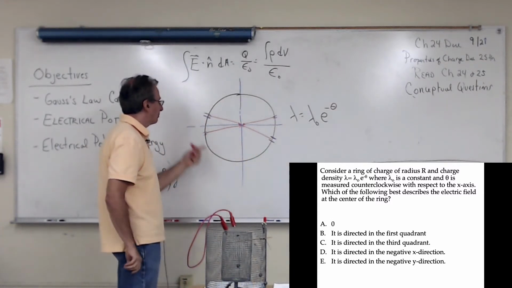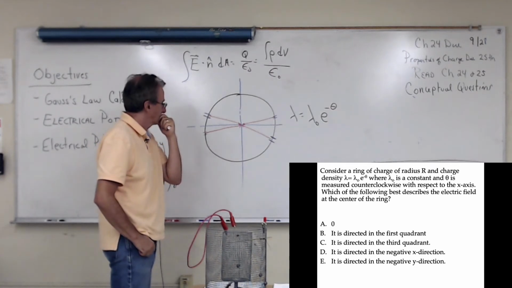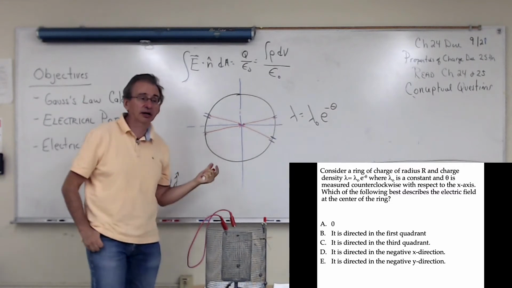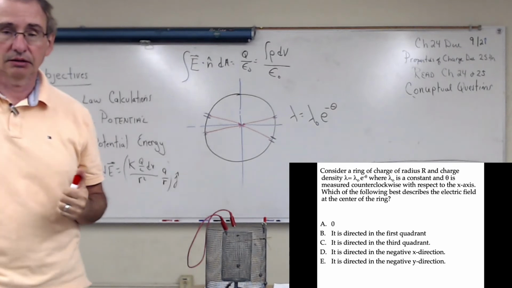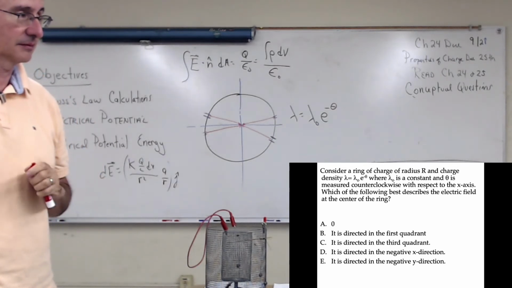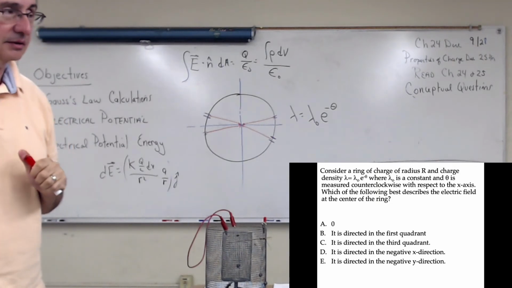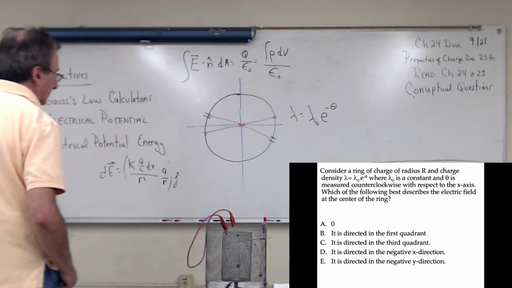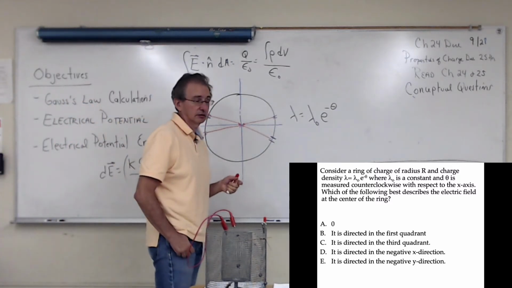Okay, and granted, they all point towards the center. But there's something I didn't draw correctly in my picture. What didn't I draw correctly? Well, the lengths of the vectors that represent the fields are not drawn correctly.